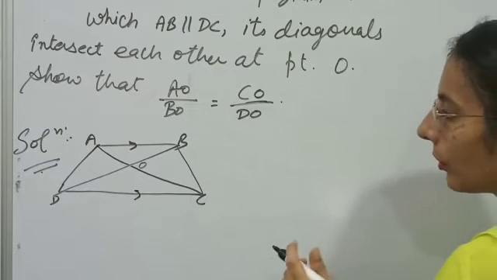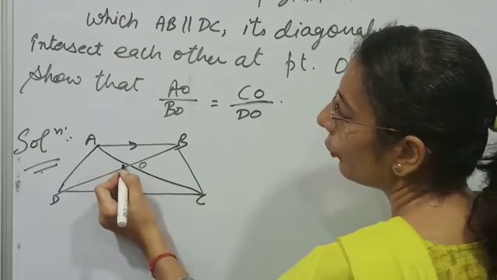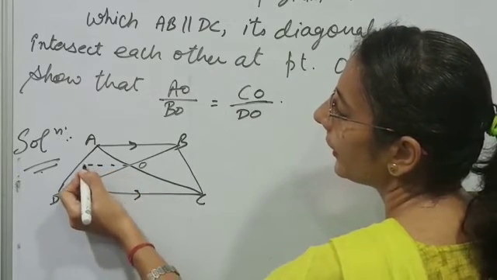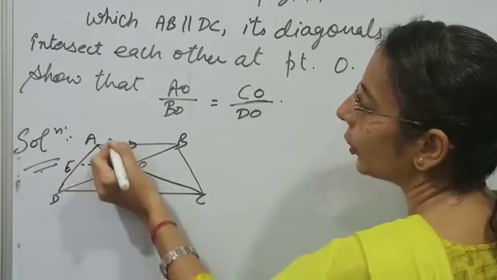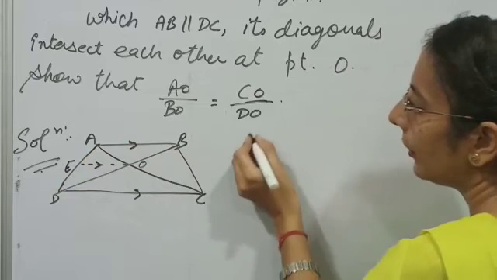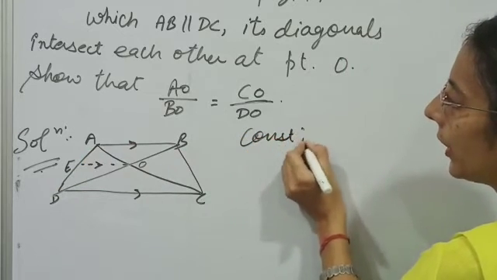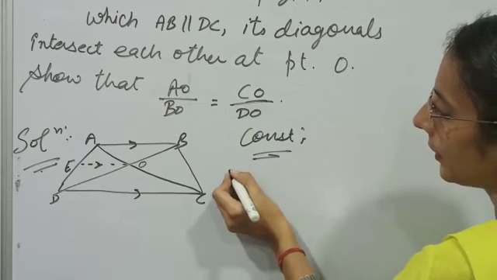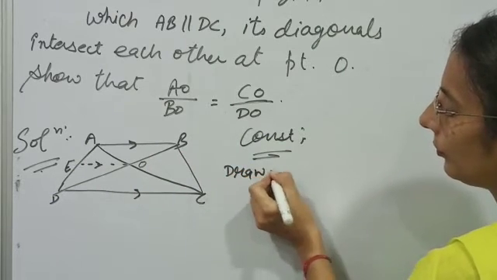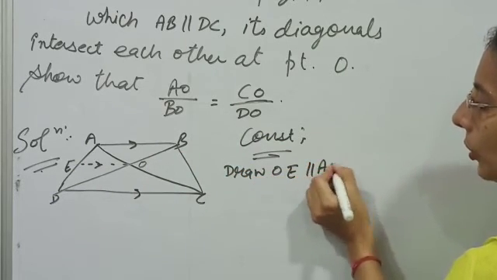For this question, we will do a construction. Draw OE parallel to AB.